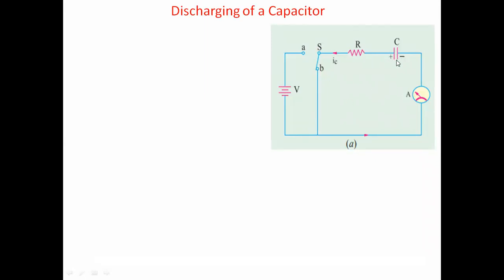The voltage across the capacitor will be delivered through the current IC. Remember that the current starts from the positive terminal, so the current direction is from positive in this way.